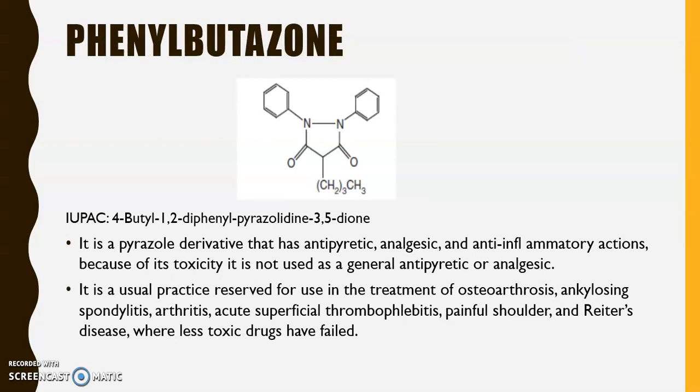Next drug is phenylbutazone. It is a pyrazole derivative. It is used in treatment of osteoarthritis, ankylosing spondylitis, arthritis, painful shoulders, thrombophlebitis, Reiter's disease, where less toxic drugs have failed.